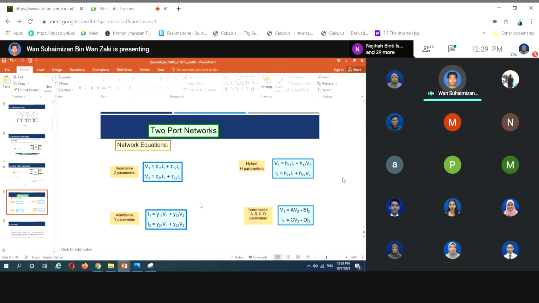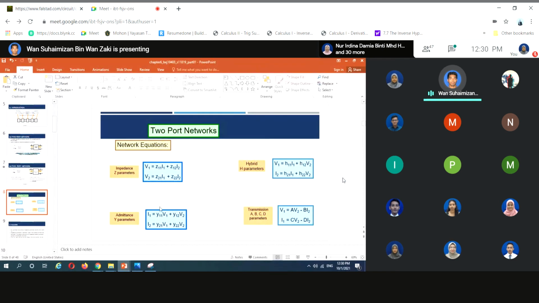So for admittance, basically you short circuit dia punya circuit. Short circuit at port number 2, you can get Y11 and Y21, and then next you short circuit at port number 1. So it means that you put V1 equals to 0 to get another 2 parameter Y12, Y22. So this is for admittance parameter.